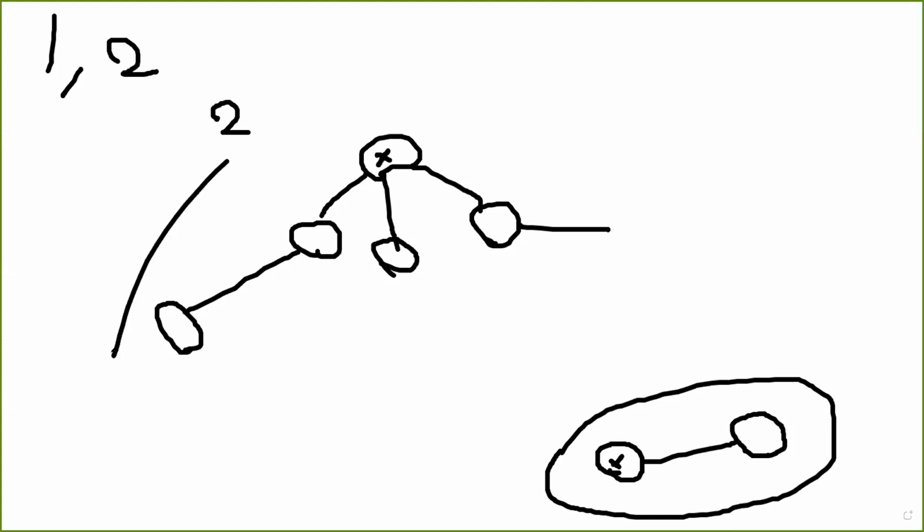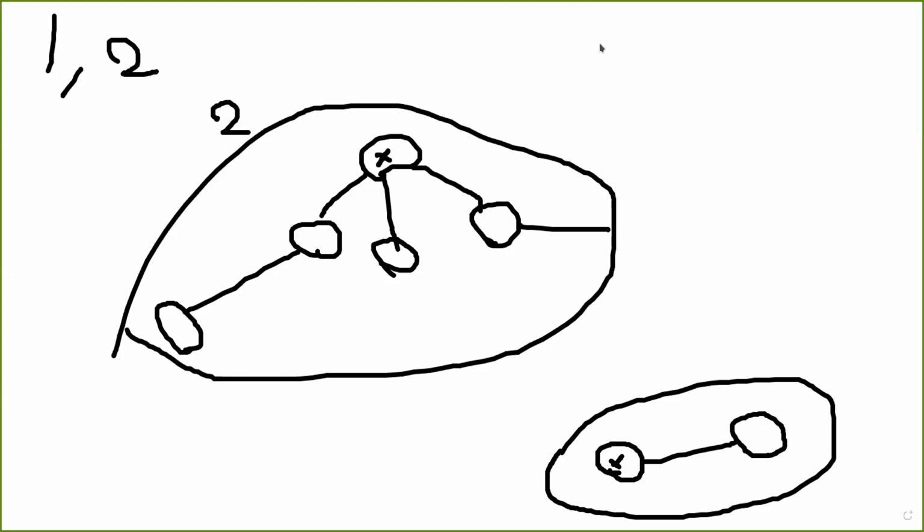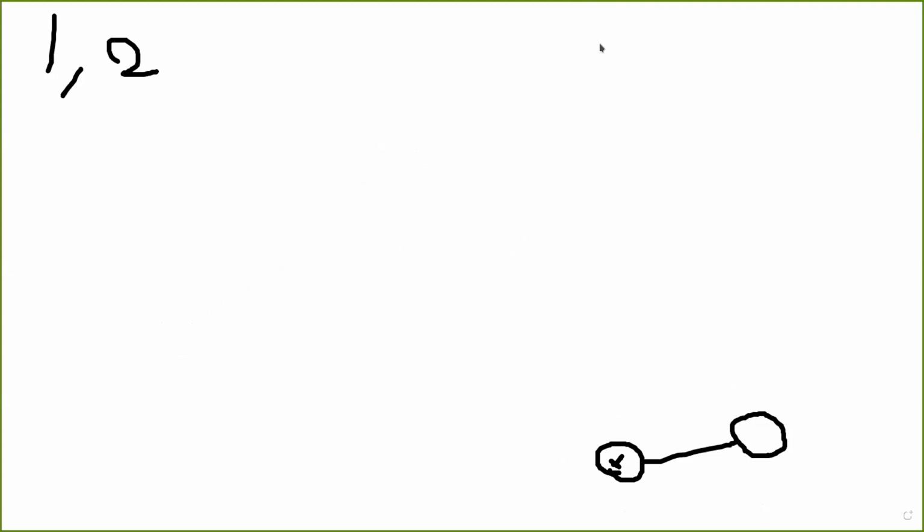For example, all of these are connected graphs. A connected city will be something like this. Let's make the nodes the cities and the edges the roads.